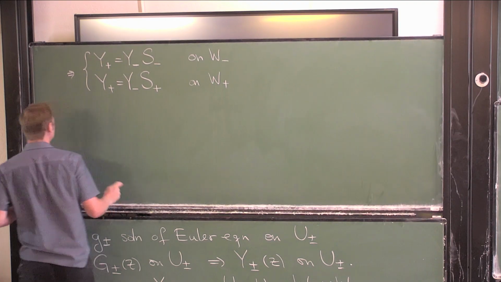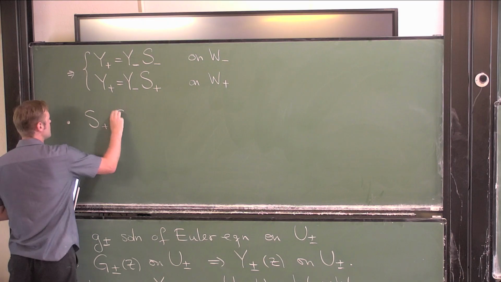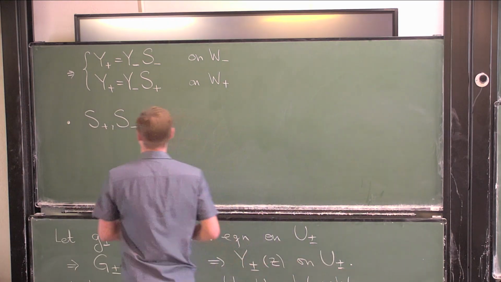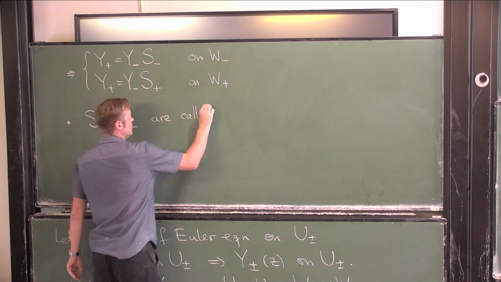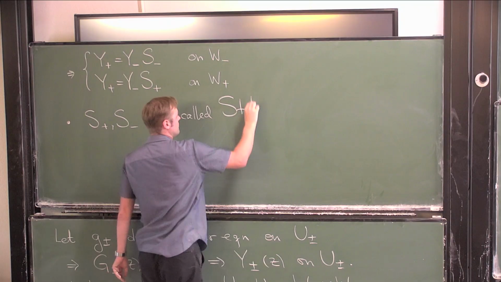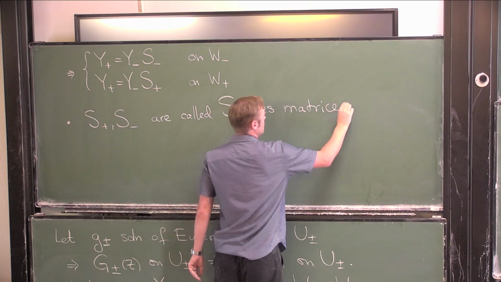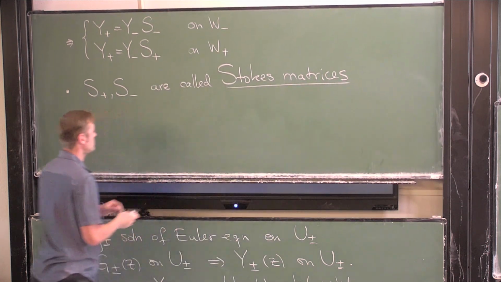So right. These matrices, S plus and S minus, are called Stokes matrices. A very famous object in mathematical physics.